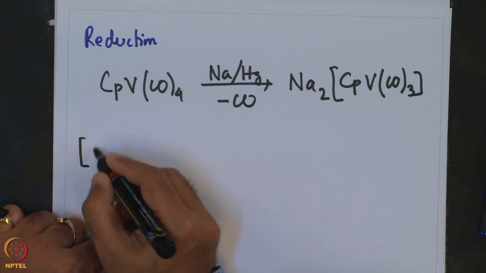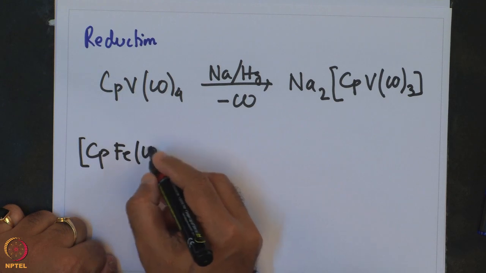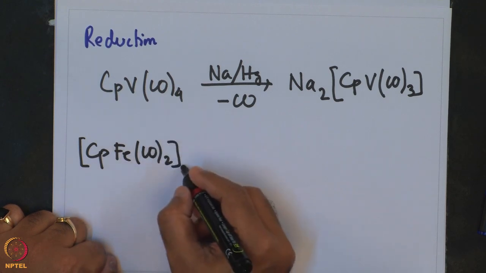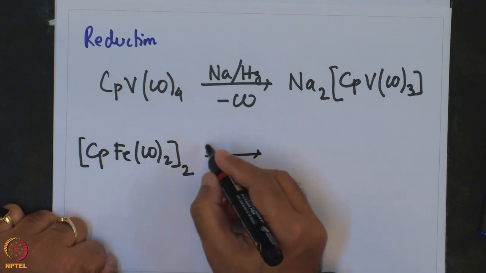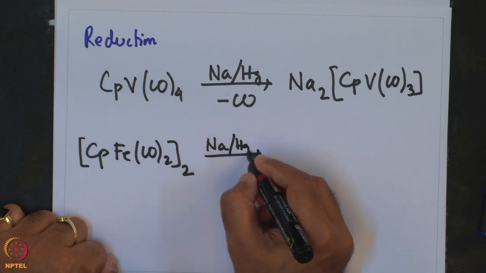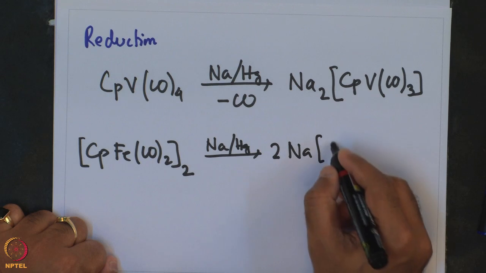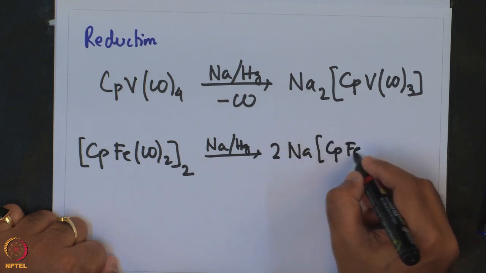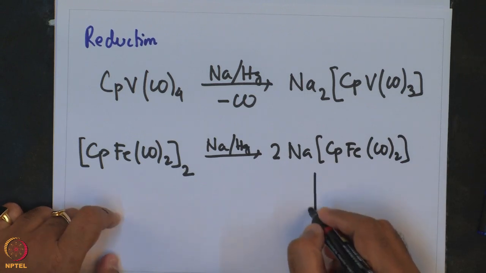Furthermore, the reduction of the CpFe(CO)2 dimer with sodium mercury gives the metallate Na[CpFe(CO)2].